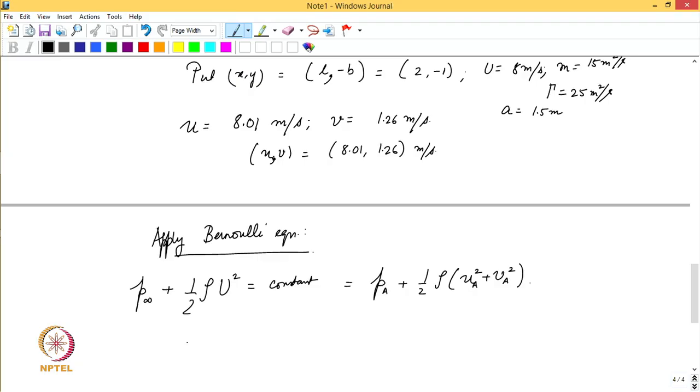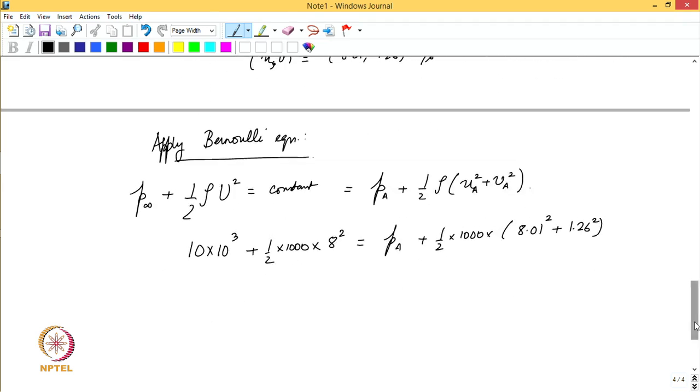So, we can substitute, right, we can say pressure is 10 kilopascal. So, 10 to the power 3 plus half, density is given as 1000, into U is 8, so 8 square, is P A plus half into 1000 into (8.01 square plus 1.26 square). And so, P A you can work out will come out to be about 9126 Pascal, or we can say this is 9.126 kPa.